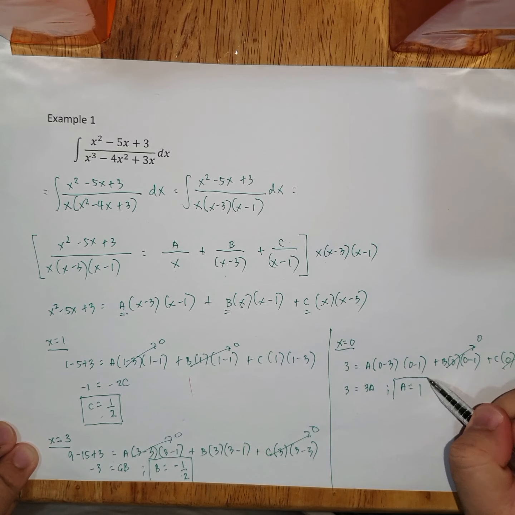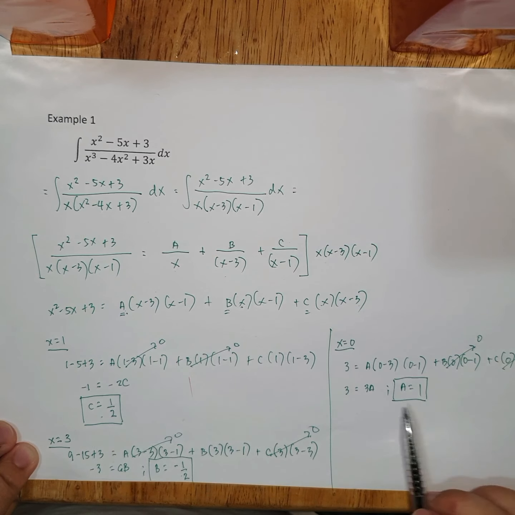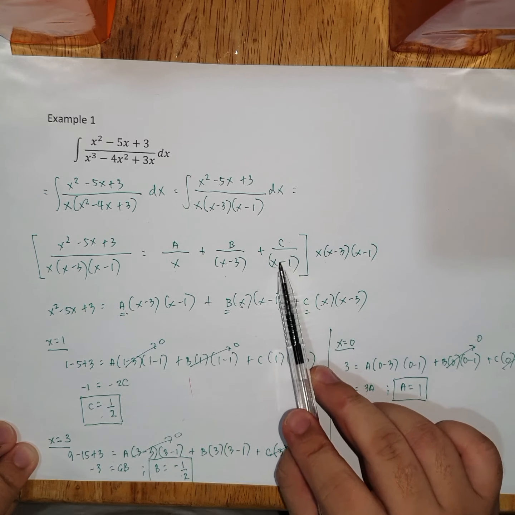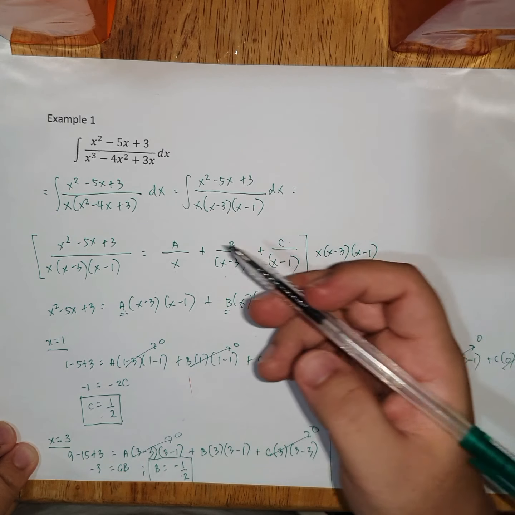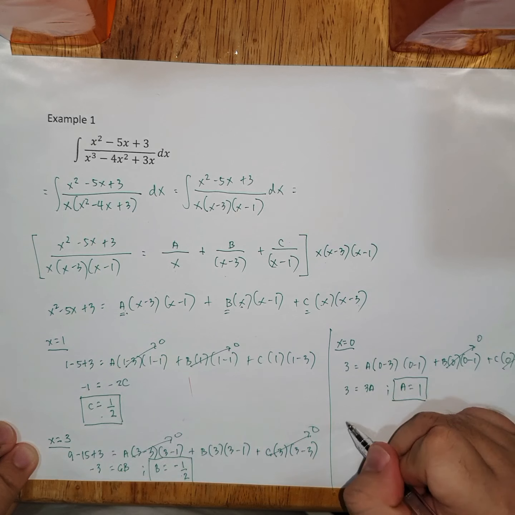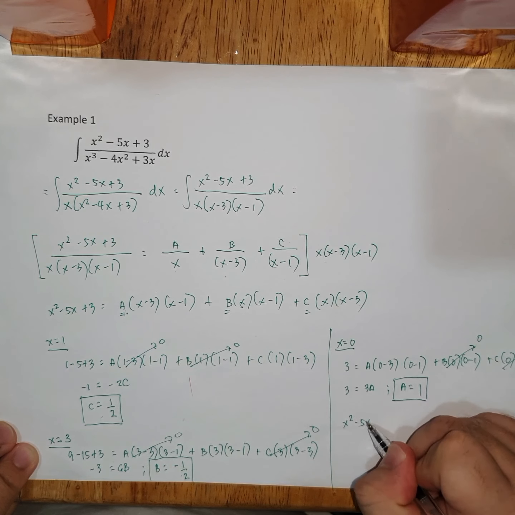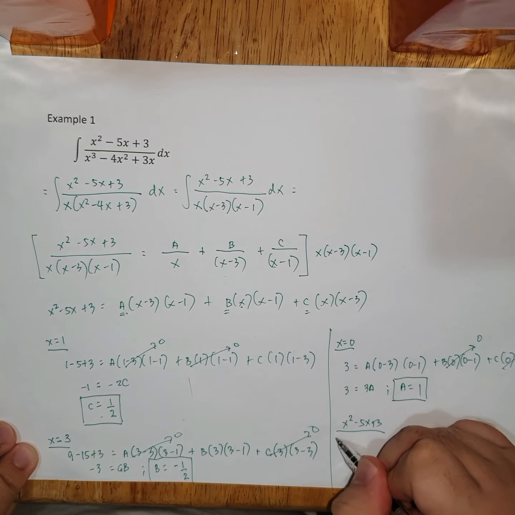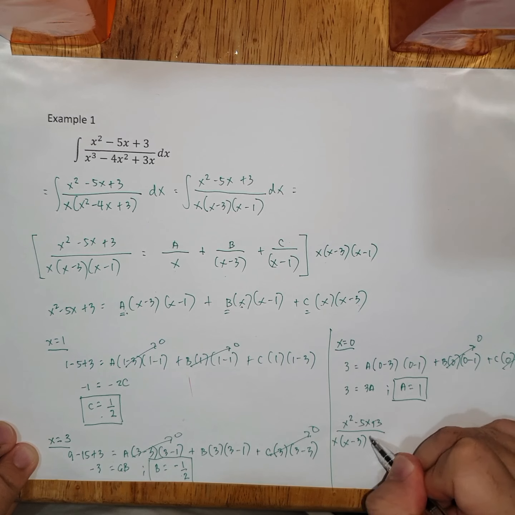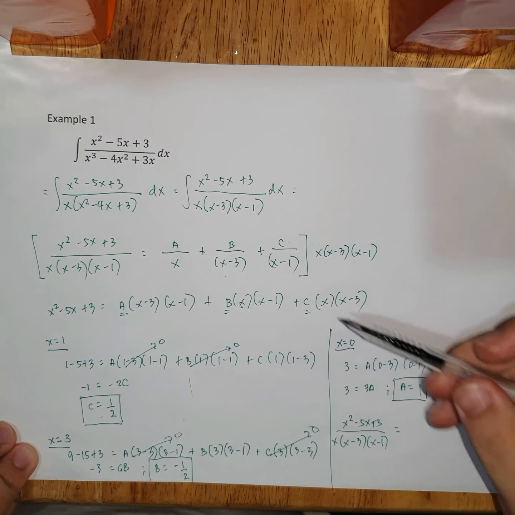Okay, so meron tayong a, b, c. So balik na tayo dito. So ibig sabihin, yung magiging equivalent ng original fraction natin. Okay, ito yung original fraction natin, ha. Substitute natin yung mga nakuha natin value.